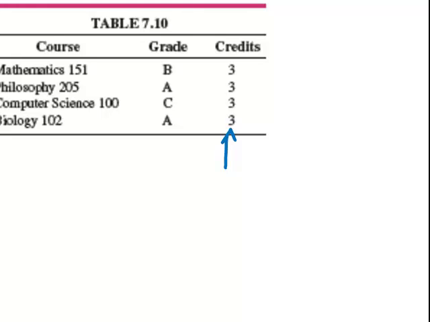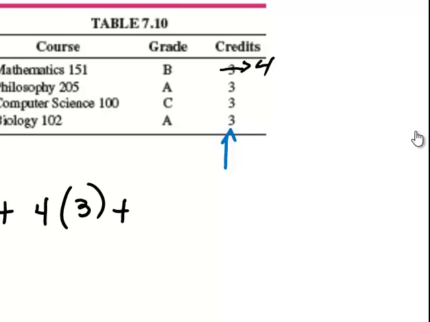So I'm going to change their question just a little bit. I'm going to say that this math course is a 4-credit class, just so that we can see what to do when it's not the same. What you would do is take your B, which is worth 3 points, and multiply by its weight, plus the A, which is worth 4 points, multiplied by its weight.